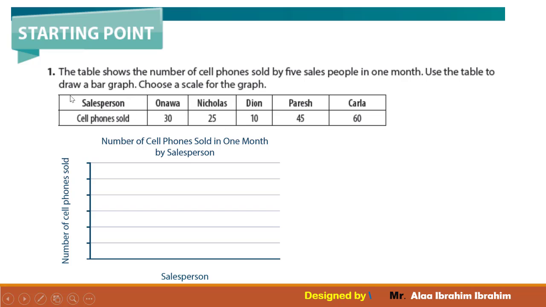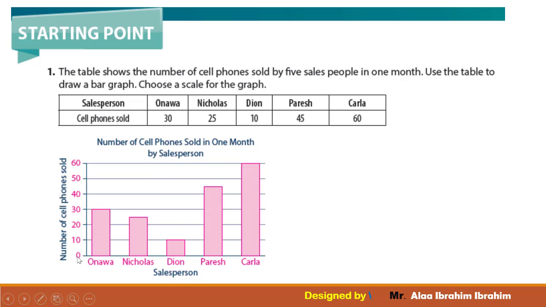I give you a table like this, with the salesperson here and the cell phones sold. So we are dealing with numbers and names. How to represent this? I put the salesperson names down below and the numbers on the vertical axis.